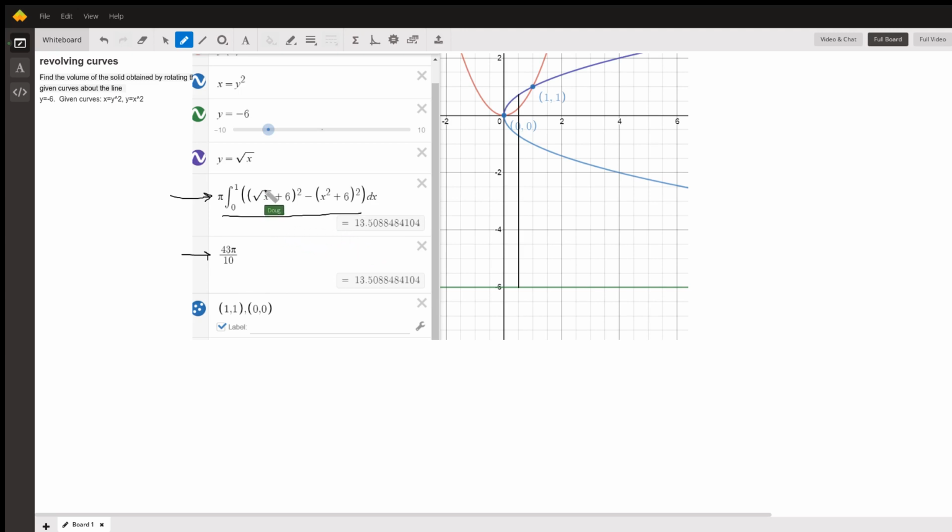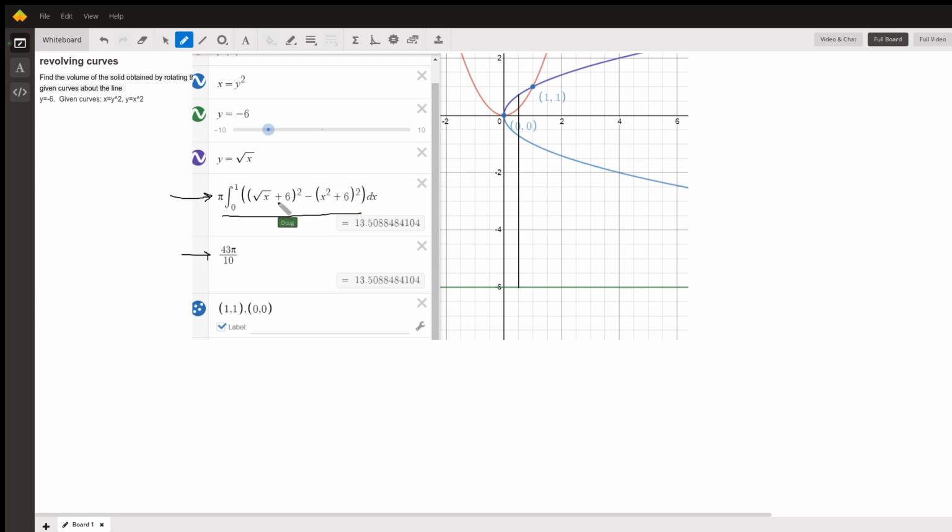The volume of revolution using the washer method requires a typical rectangle to be perpendicular to the axis of revolution. That's what this black line represents, a typical radius or a typical rectangle along the interval from 0 to 1 along the x-axis.